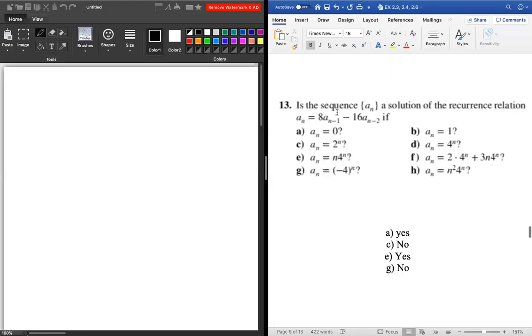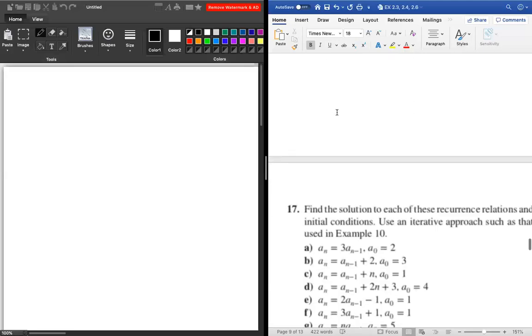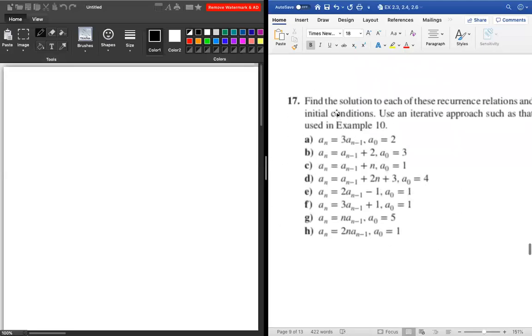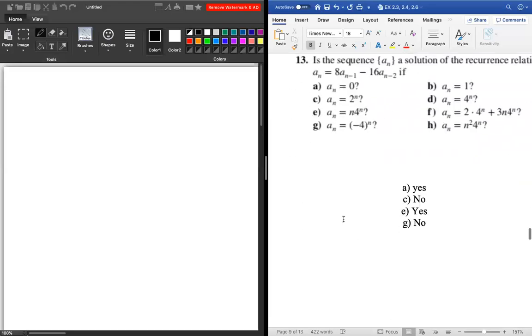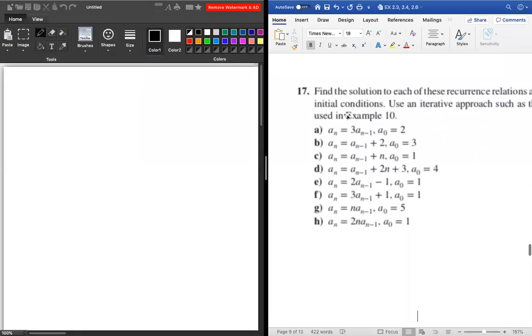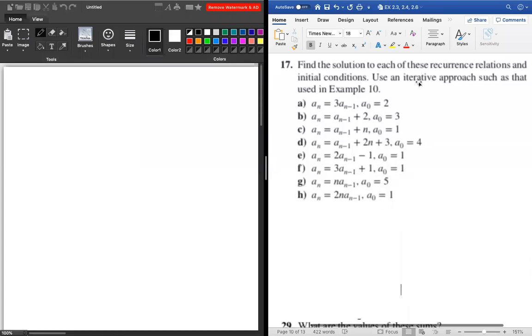We haven't seen example 10, but it's very similar to this over here. For this, we have to use an iterative approach, like going in a loop: in order to find the next value, you have to figure out the previous values.